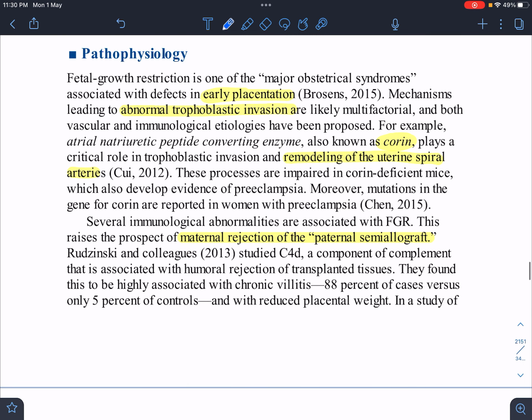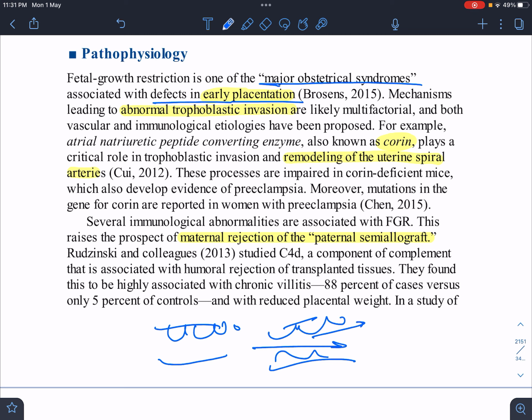Now, this is the pathophysiology behind FGR. This is one of the major obstetrical syndromes, with defects in early placentation. Usually you know there are trophoblasts, and in the vessels trophoblastic invasion happens, which causes low resistance vessels. In this there is abnormal trophoblastic invasion.